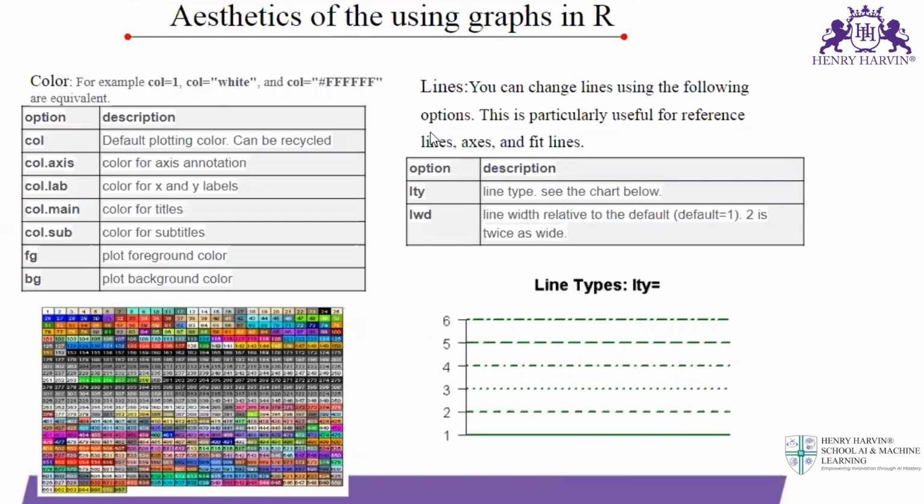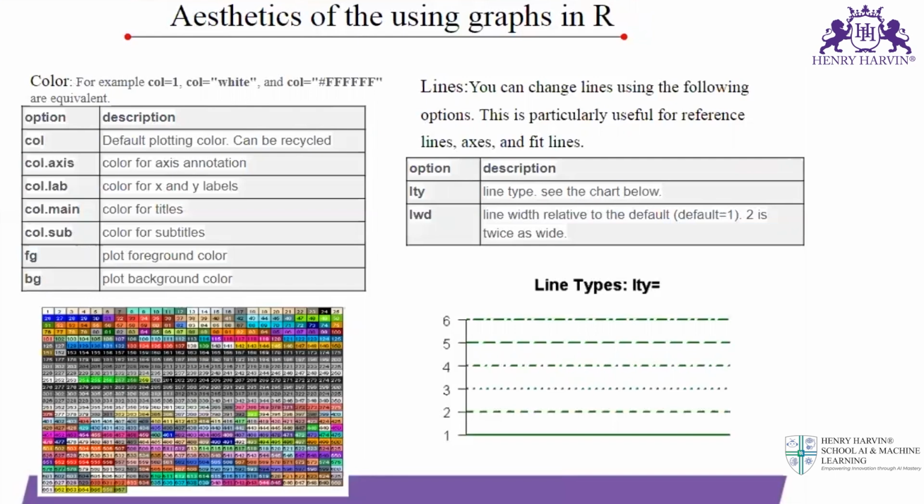Next, we are showing the aesthetics that are used for building graphs in R. There are four main aesthetics that we will be discussing. First is color. Whenever we are creating a graph, to make it attractive, we should always use colors and different types of lines and different shapes and sizes of the points that we are using.